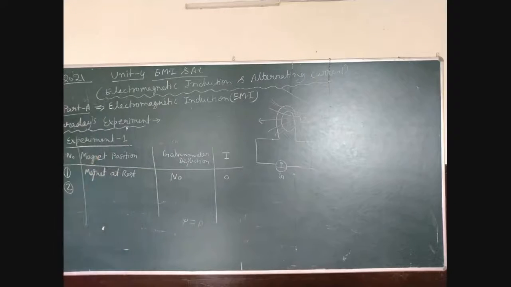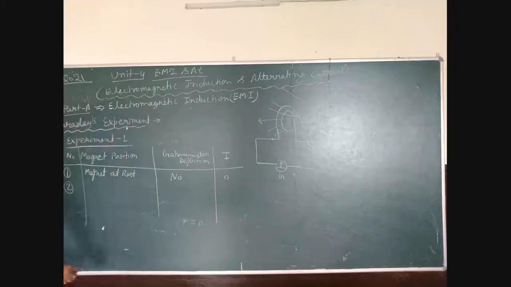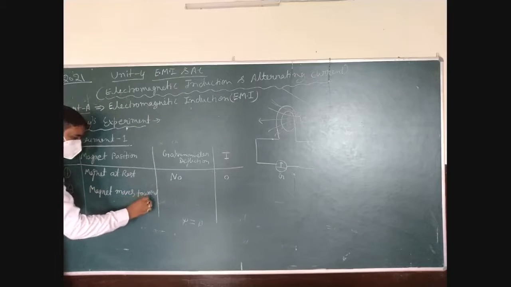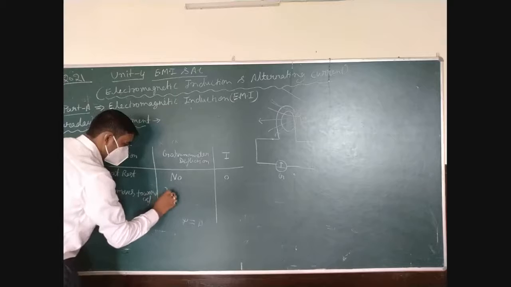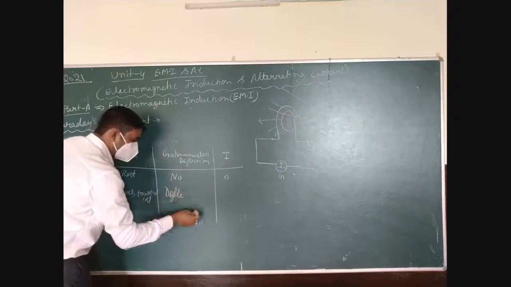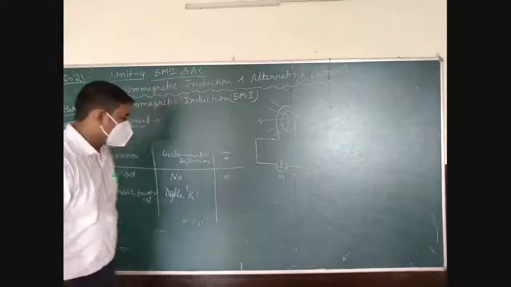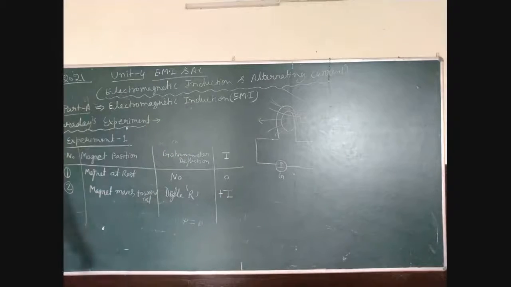Then what we observe, when the magnet moves with the north pole facing the coil, is deflection towards right, and this current is taken as positive. Now the third step is magnet at rest.